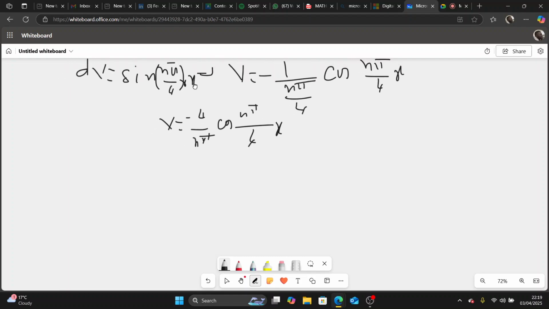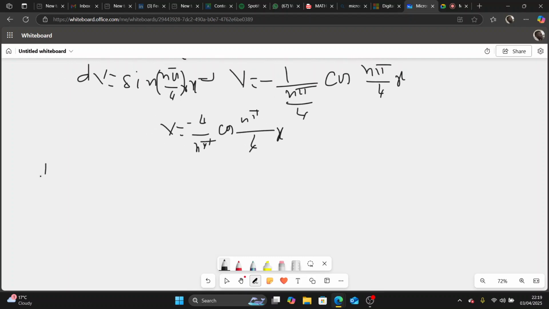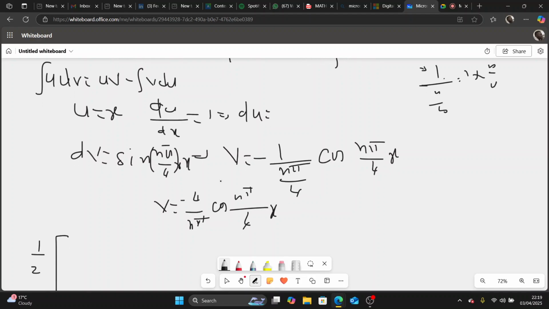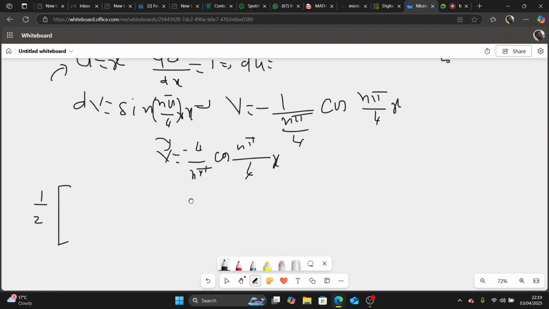Now if we have to solve for this, what is 2 over 4, manager? It is half, right? I can write half outside. Open my bracket for the integration by parts formula. It says uv. What is uv? You come. This is u and this is v. What is uv? It is x multiplied by this. Do you see it? Yes. So let me put this minus outside here.